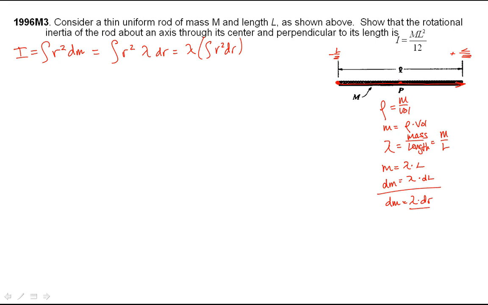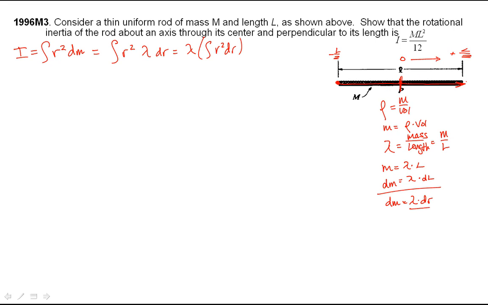I could also split my rod in half. The reason that's a little bit helpful is because the center of the rod we're counting as a zero distance, so I can go from 0 to L over 2. Then when I'm done, I can use the fact that the moment of inertia of a complex object is the moment of inertia of each piece added together.